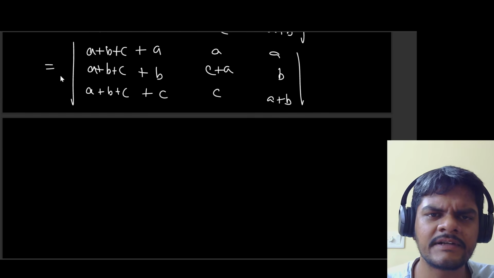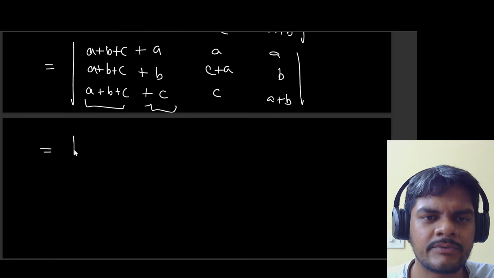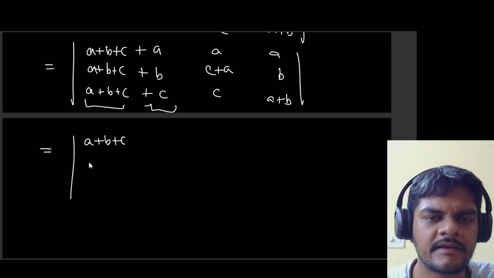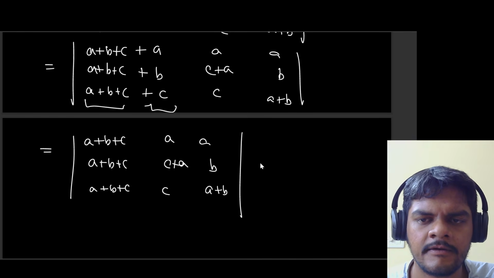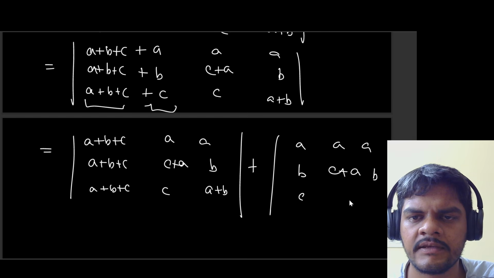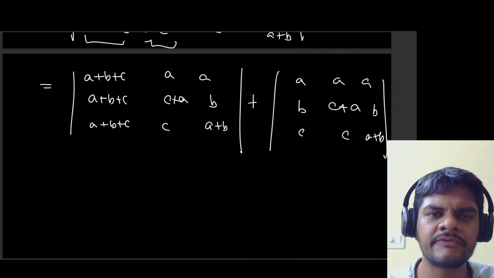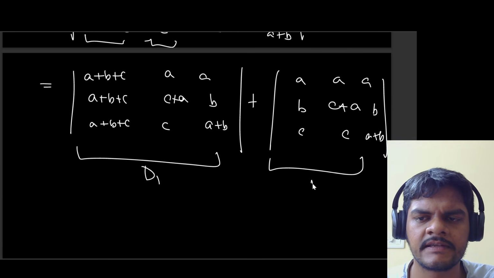Very good. Now it can be written as linear in one column. So that is equal to the determinant with first column A plus B plus C, A plus B plus C, A plus B plus C, plus the determinant with first column A, B, C, with the other columns the same. Maybe I'll take the first one as determinant 1 and this as determinant 2.